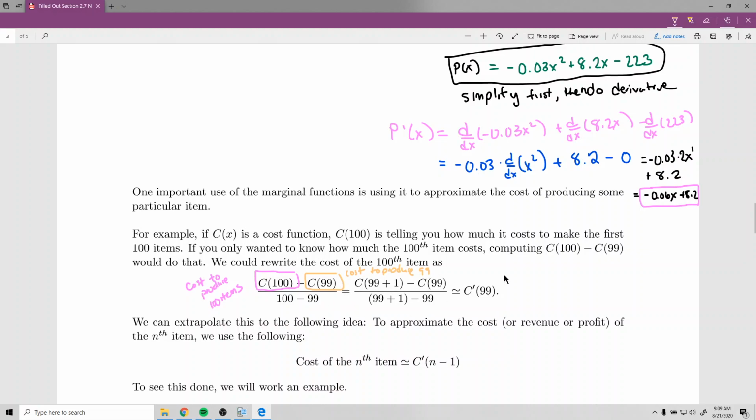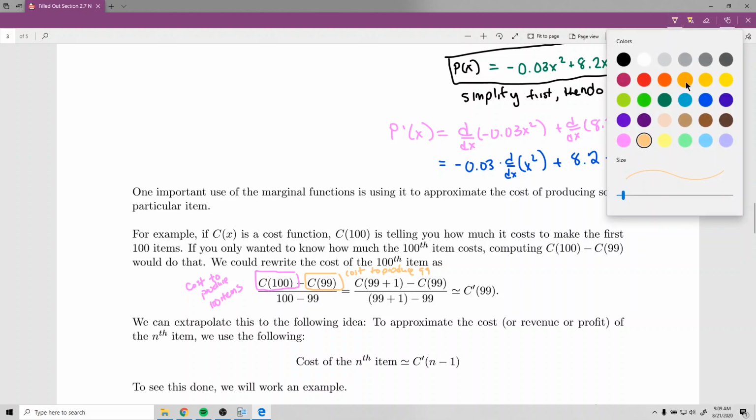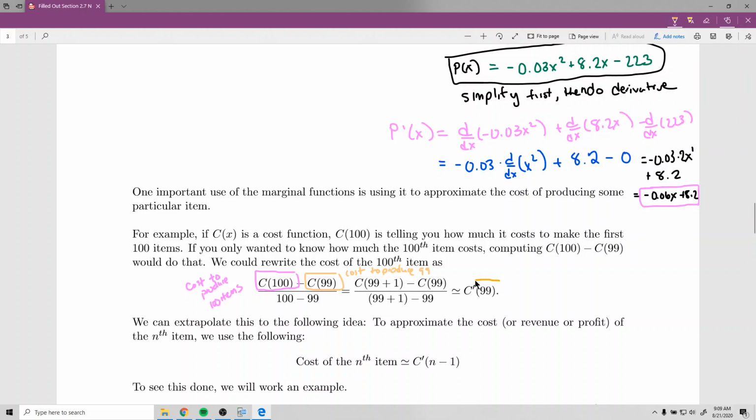But if you go through and rewrite some stuff, what it tells you is that the cost of the 100th item is just the derivative of the 99th item. And this was just a very, very specific example.